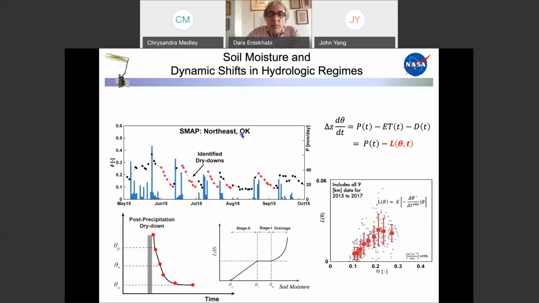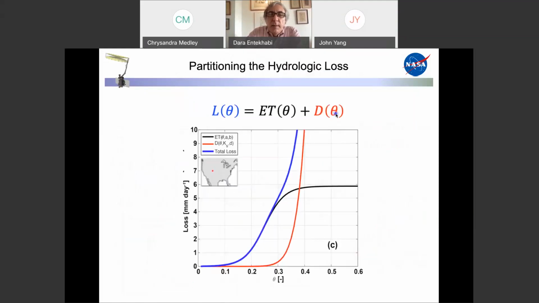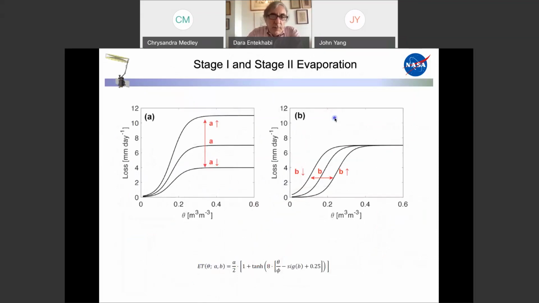We go back to this same thing. Wouldn't it be nice that this loss, if it were not just one loss combining the three regimes, that we could separate it between evaporation and drainage? In order to do that, let's pose some functional forms for evaporation and drainage, but be very flexible.